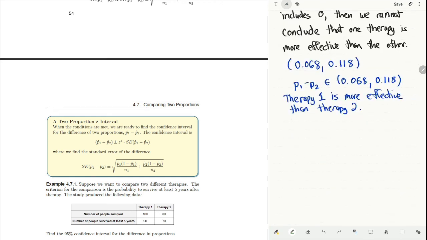So now let's suppose again that the confidence interval we obtained was from negative 0.118 and negative 0.068. So now if our confidence interval was entirely negative, that means the difference between P1 and P2 is some negative number.